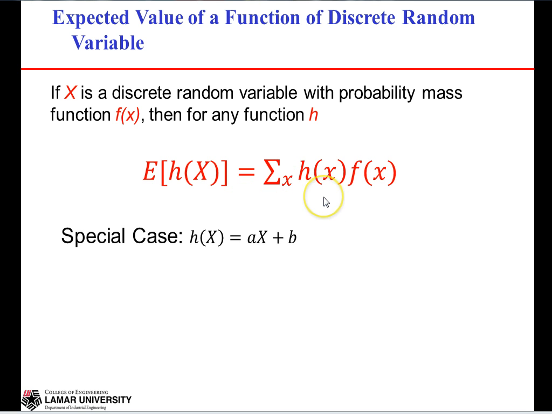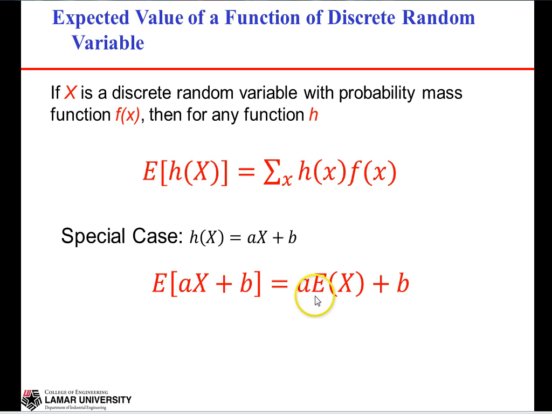And for a special case, where h of x is simply a constant multiplied by x plus a constant, so it's a linear transformation of x, we have the conclusion that the expected value of h of x, which is the expected value of ax plus b, is simply a multiplied by the expected value of x plus b.